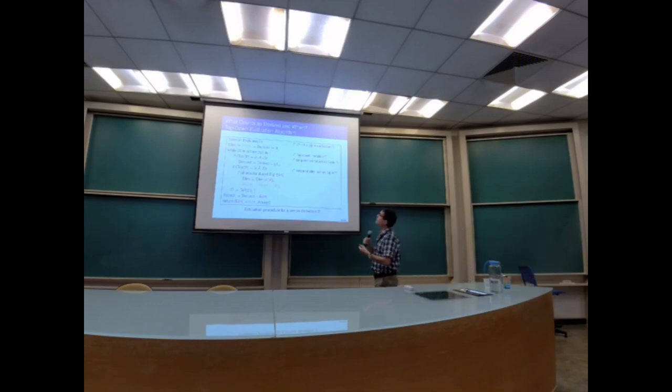Okay, so we initiate some sets here to be the empty sets. These are the initialization conditions, and then we start to iterate with D. As long as D is not empty, we do the following.